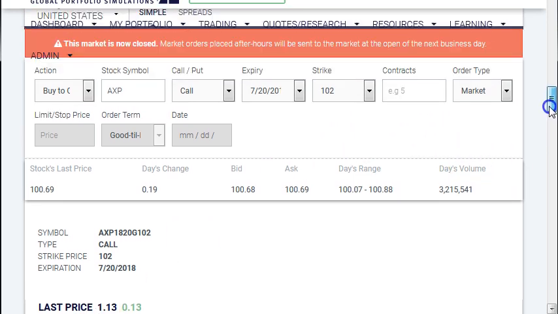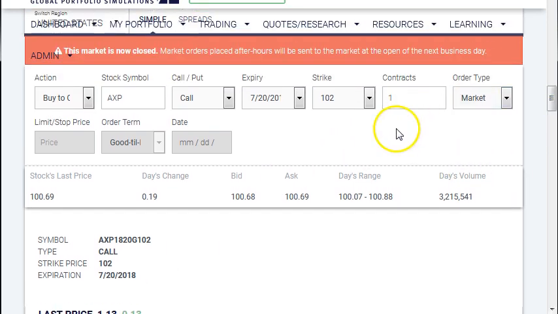How many options do we want to buy? Each contract, as you saw in chapters 15 and 16, corresponds to 100 underlying stocks. So if you buy one option, it's equivalent to buying 100 underlying stocks. Let's say I am interested in buying maybe 10 contracts.